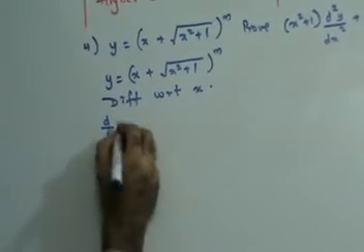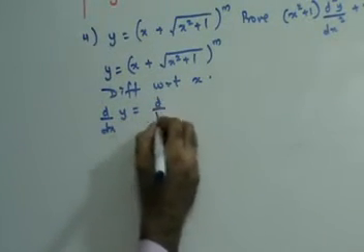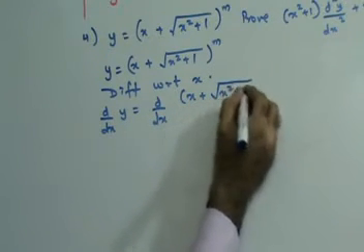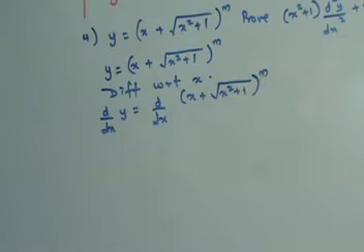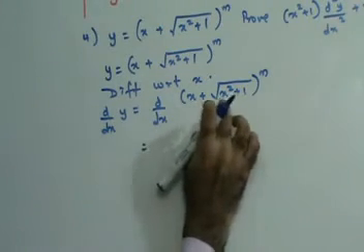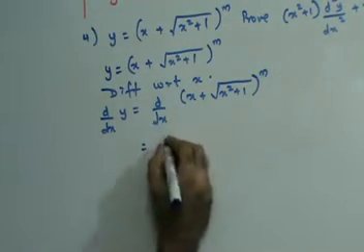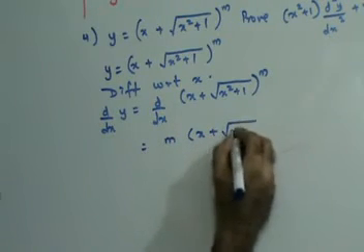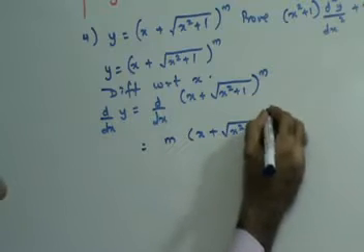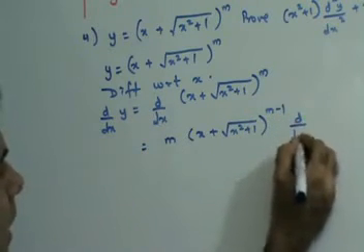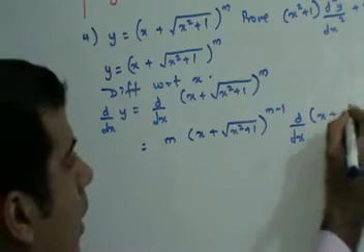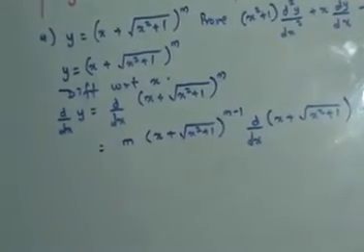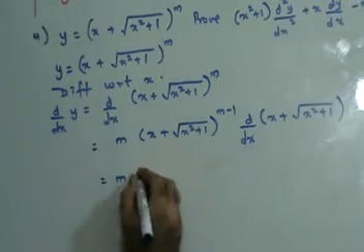So I'll get d by dx of y is d by dx of x plus square root of x square plus 1 the whole raised to m. Now this is u raised to n, so n u^(n-1) d by dx of u, right? Do we get this thing clear? Now, this can be written as m.